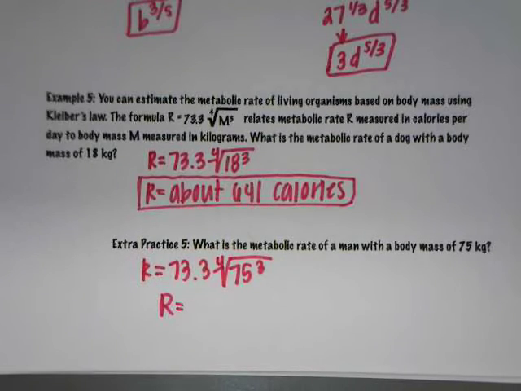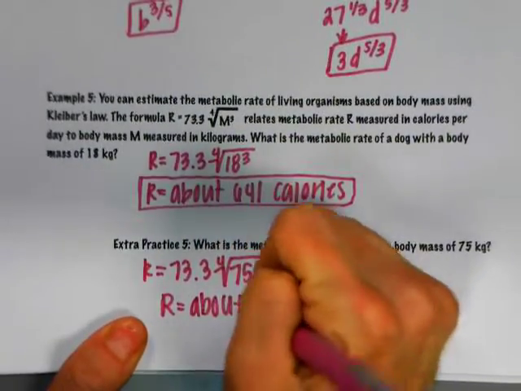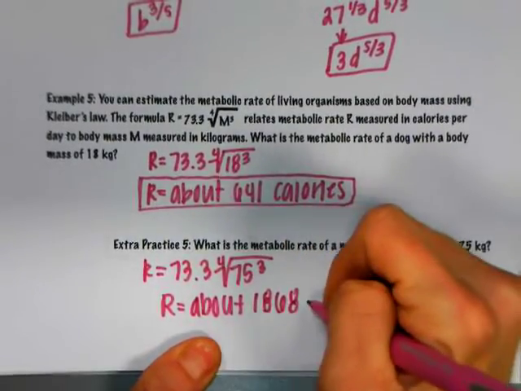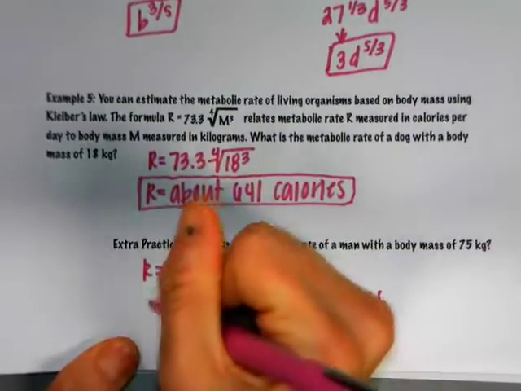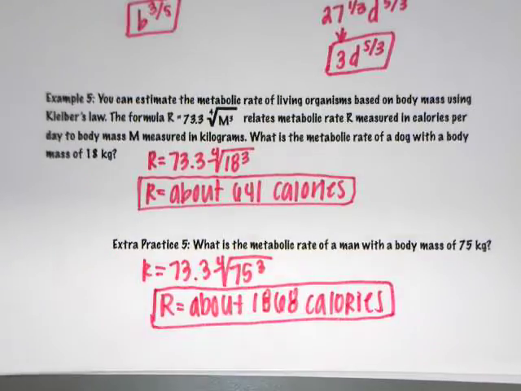Did you get an answer? 1868. Yeah, so it should be about 1869. I think it's 1868. So 1,868 calories to just stay functioning.